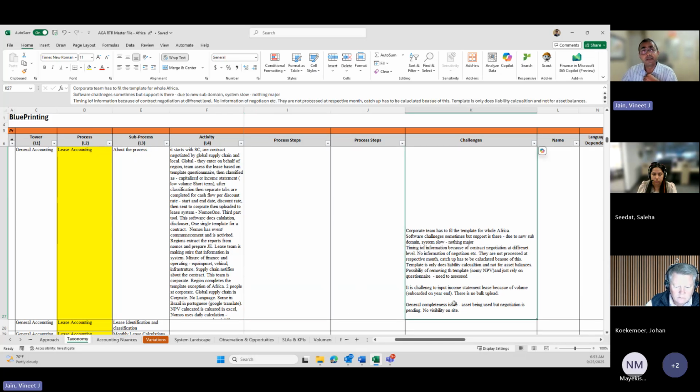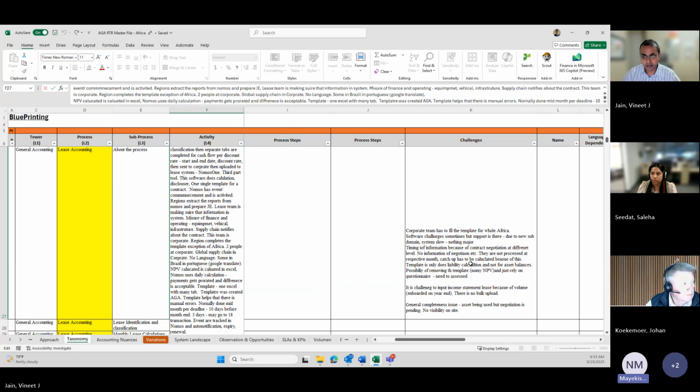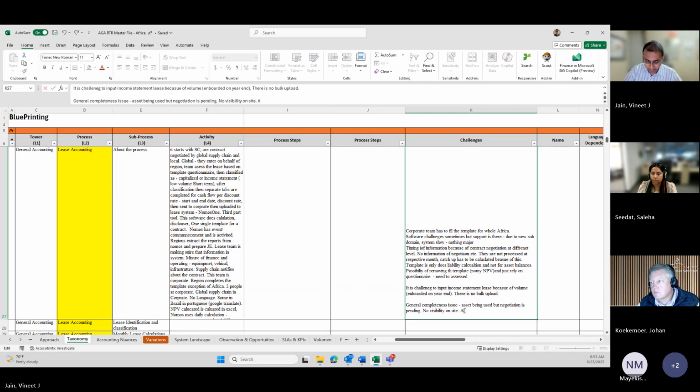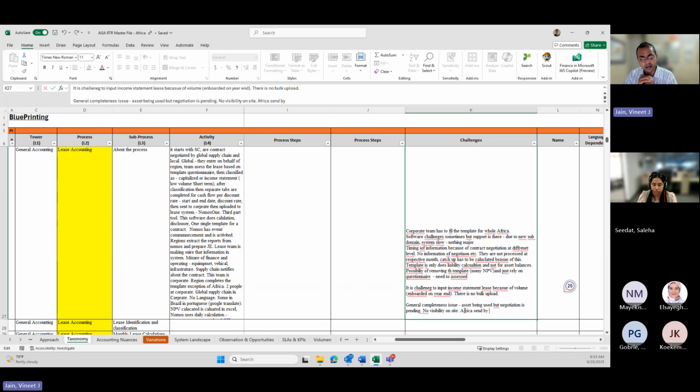So for Africa specifically, you mentioned you have to complete all the templates. Do they provide you information in emails, or is there any mechanism? Yeah, they'll email a new contract or email an amendment. And how do you track those? Those are a lot of emails.